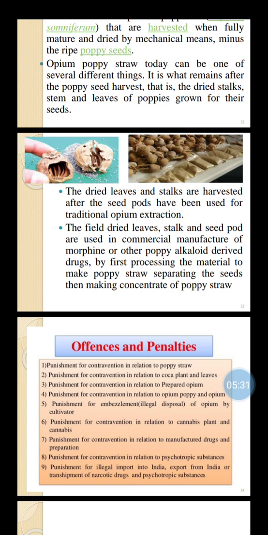The dried leaves and stalk are harvested after the seed pods have been used for traditional opium extraction. The field-dried leaves, stalk, and seed pods are used in commercial manufacturing of morphine or other poppy alkaloid derived drugs, by first processing the material to make poppy straw, separating the seed and making concentrate of poppy straw.